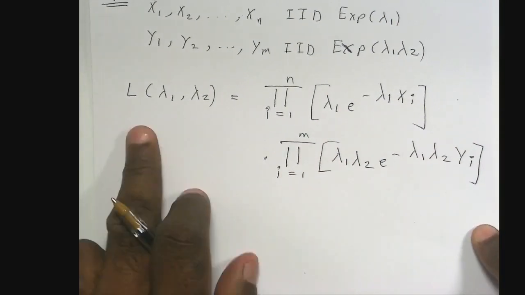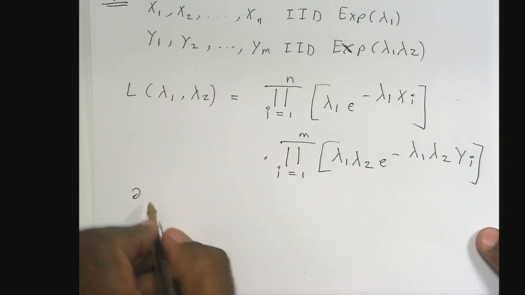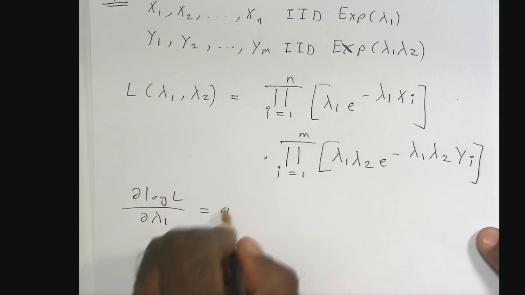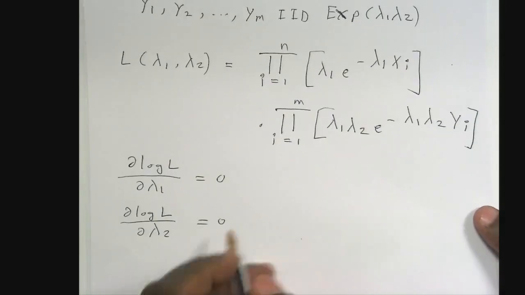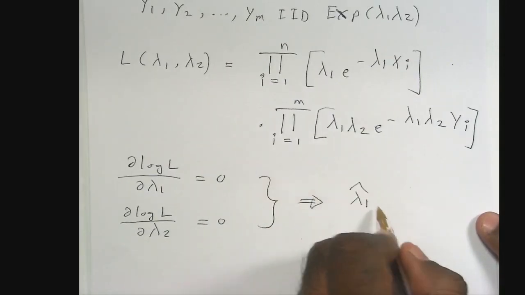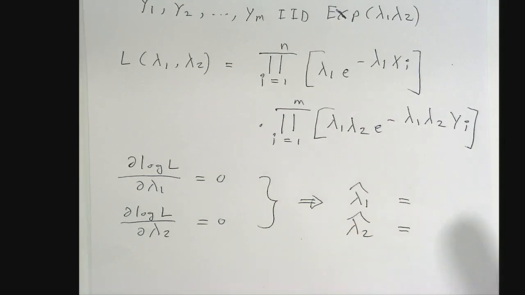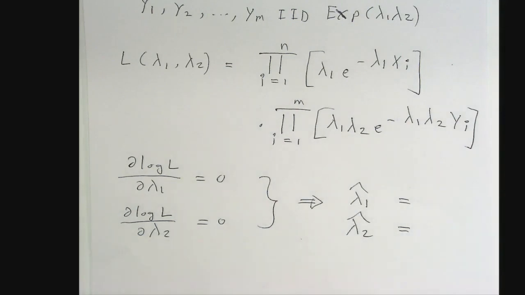This will be the joint likelihood function of lambda 1 and lambda 2, and then take the log, and then take the partial derivative with respect to lambda 1 and the partial derivative with respect to lambda 2, set them to 0, and solve these two equations to get lambda 1 hat and lambda 2 hat, right? This is the long way to do this question number 6. But the shorter way to do the same question is as follows.